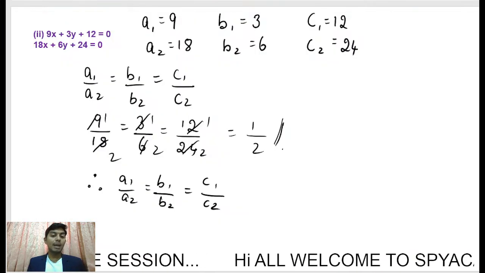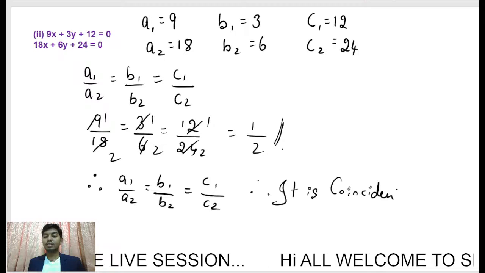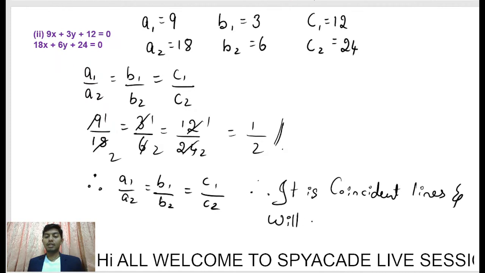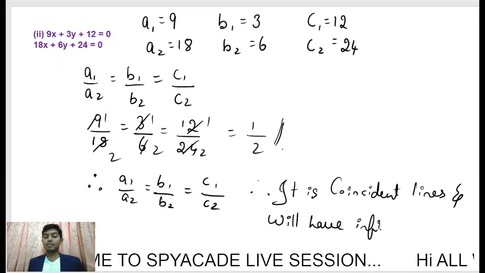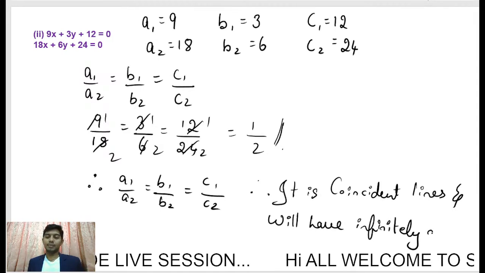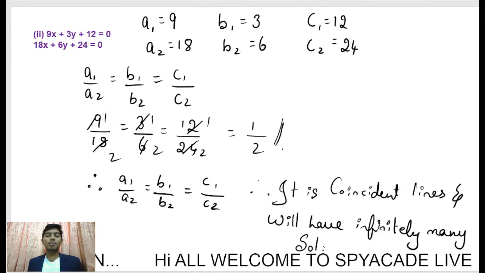So we will have infinitely many solutions. See, these conclusions are very important. If you don't write this, then obviously you will lose marks.